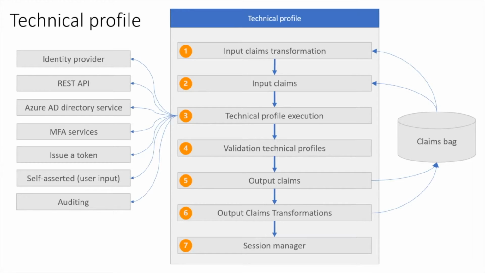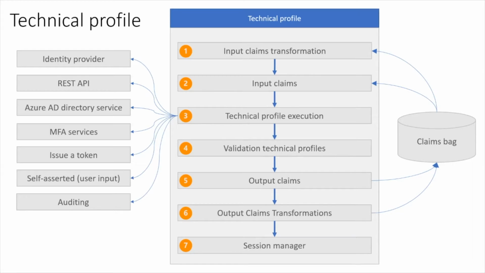Those claims that are then put back in the bag, you can pick those back up as input claims and use them in subsequent orchestration steps or other output claims transformations, which takes us to the output claim transformation. Like the input transformations, a technical profile can contain one or more output transformations to be executed, and these result in either modifying claims within the claims bag or adding even more claims to the claims bag.